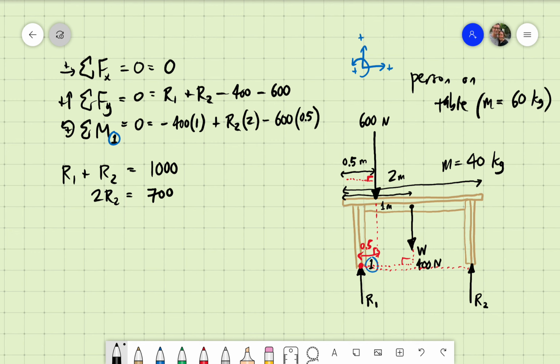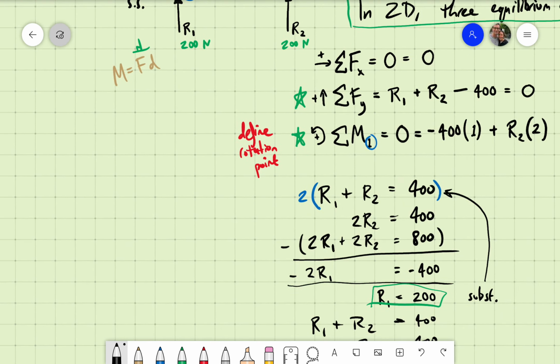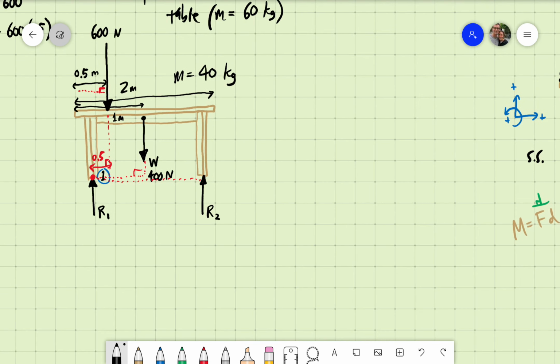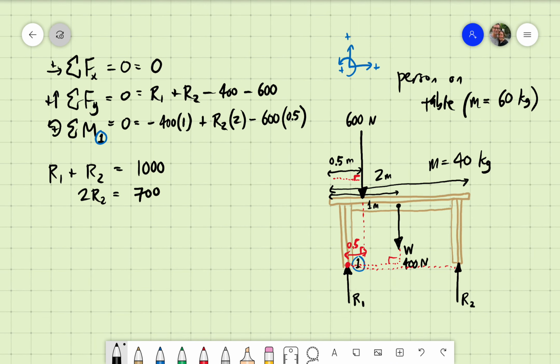And as you can see, we have a different set of equations than what we did before. Before we had 400 and 400. Now we have 1,000 and 700. So that will give us a different result. But I'm going to do a similar process.